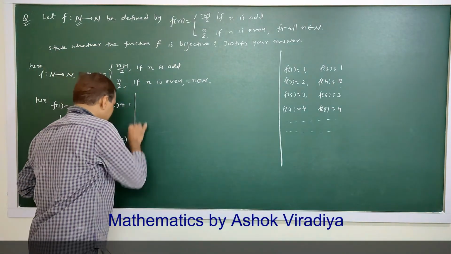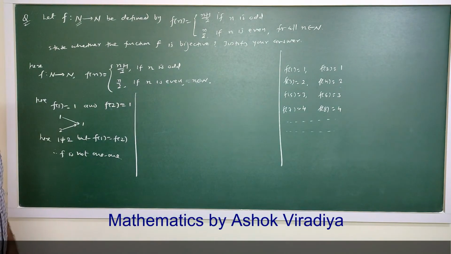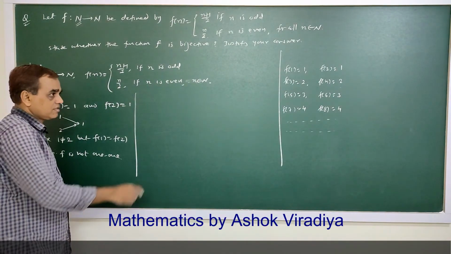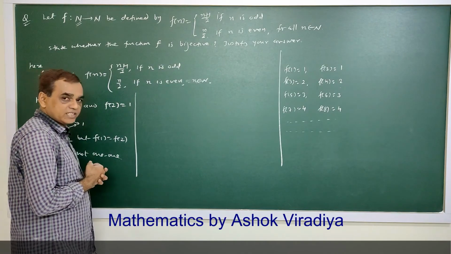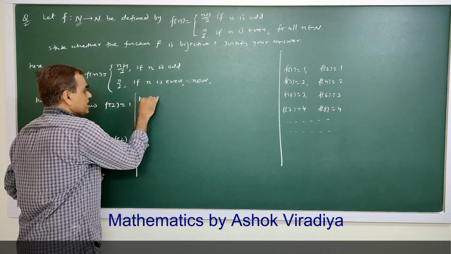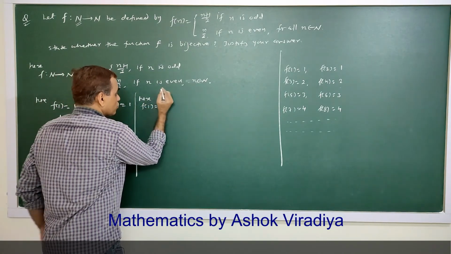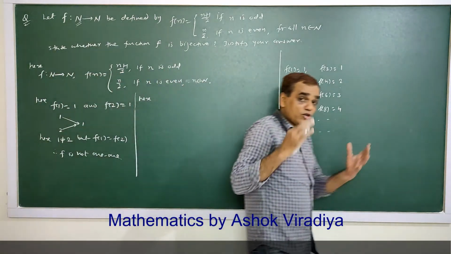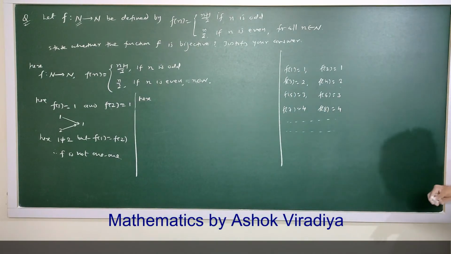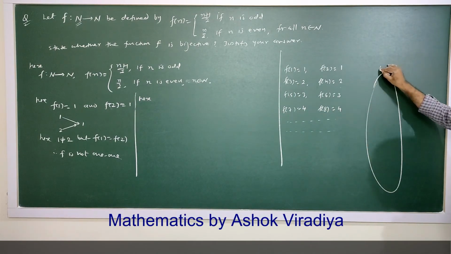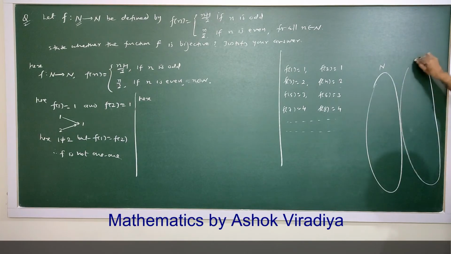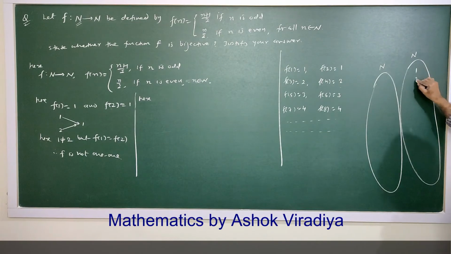Now let me check ontoness. Here f(1) is 1, f(2) is 1. For ontoness we use the definition of ontoness. This is the domain, this is the codomain, and these are numbers.